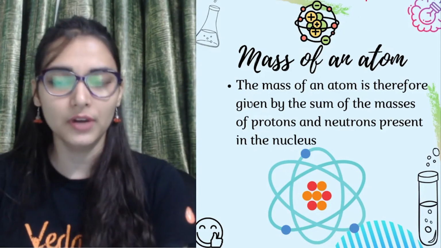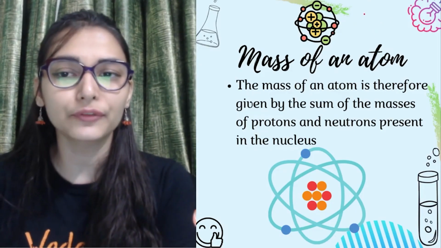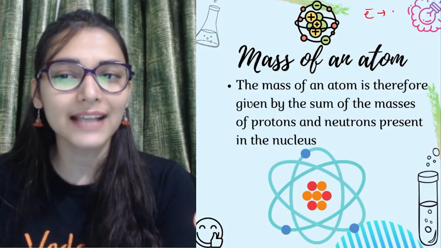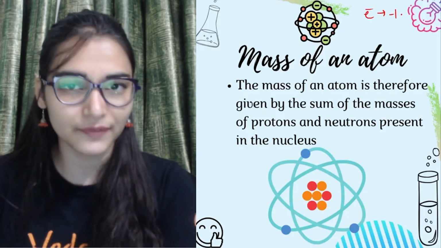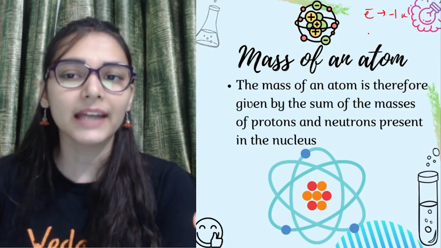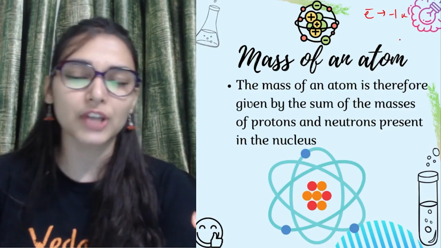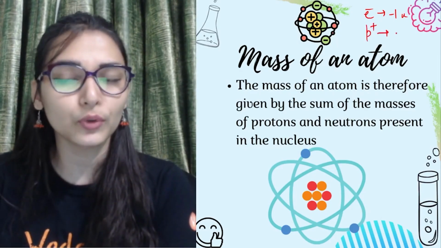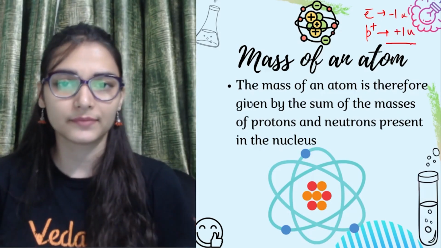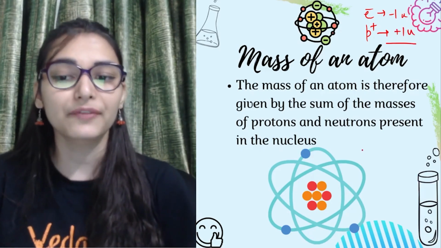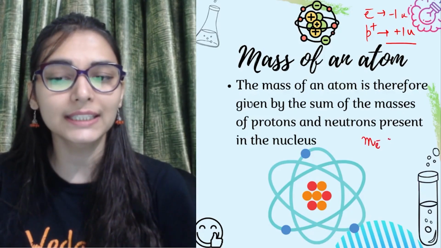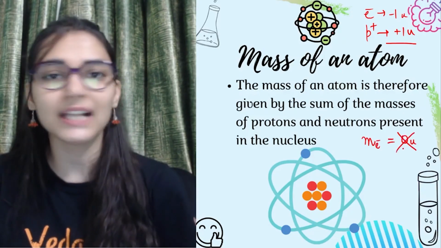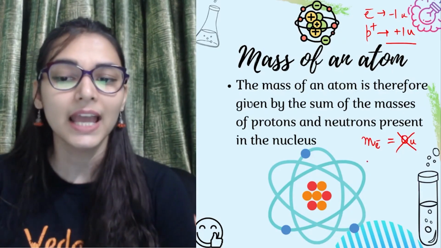I will tell you the basic charge and mass I have written. If you talk about the electron, it has a relative charge of -1 unit. We will study the actual absolute charge later. One proton has a relative charge of +1.